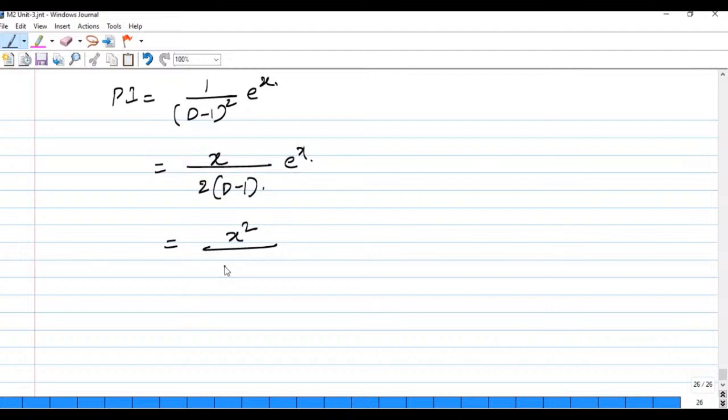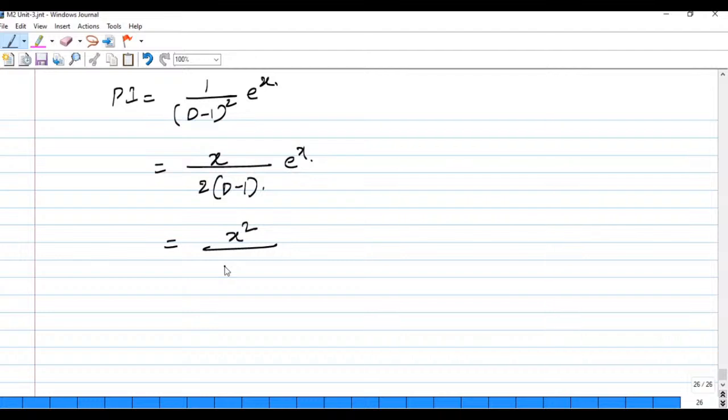Write down the inverse operator. The operator D inverse, or 1 by D, is called the inverse of the differential operator D. So 1 by D of Q of x is nothing but the integral of Q of x dx.